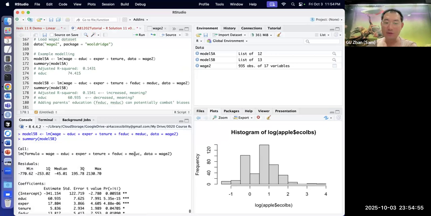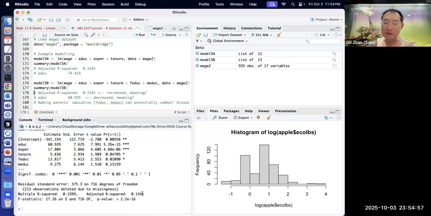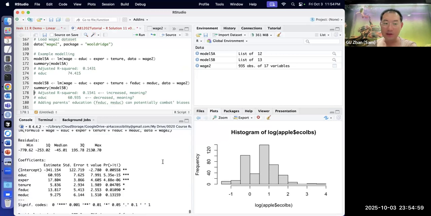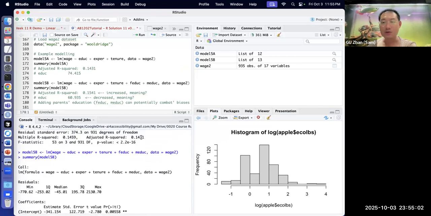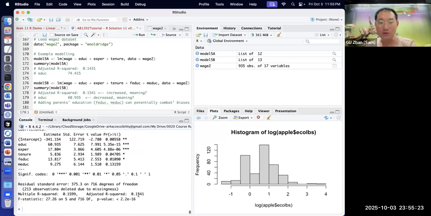One very important thing to observe is whether the adjusted R square increases by introducing more variables. This tells you whether adding more independent variables helps explain more variance and helps your model predict more accurately. R square increased from 0.14 to 0.15. So adding the two variables, father's education and mother's education, is overall useful.